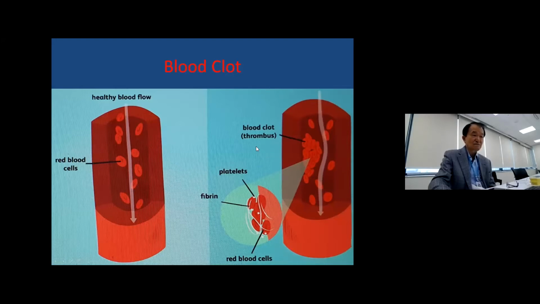That's called thrombus. And certainly some other components attach to the platelets, fibrin and some calcium, etc., which makes certain vascular diseases such as atherosclerosis.